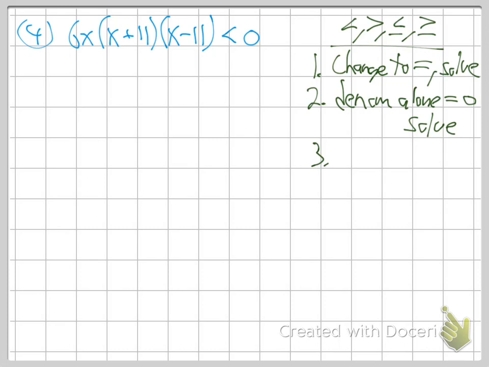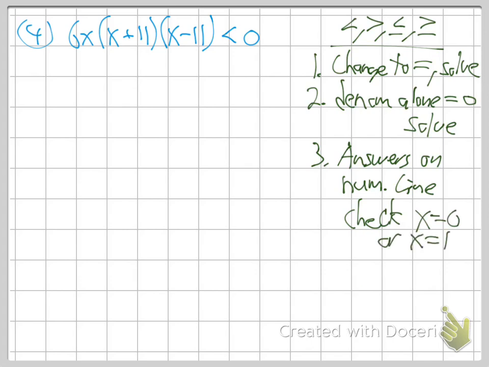Step 3, answers on the number line, check x equals 0 or x equals 1, true, false, true, or false, true, false. Remember that whole process? So you've got to have that in your 3x5 card. You can do it. Many won't because it's too much work for them. So this is what it takes. Will you do it? So put this stuff on your 3x5 card and practice these problems.